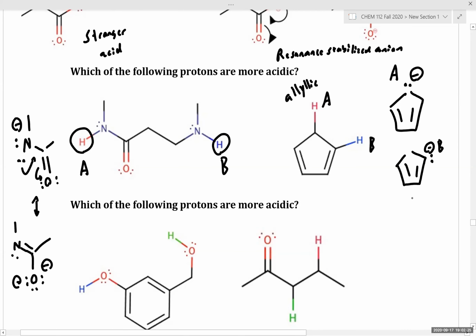Which of these anions is more stable? Well, B, is it next to a double bond or is it on a double bond? So your logic is right, but which of these anions is actually able to participate in resonance delocalization, A or B?